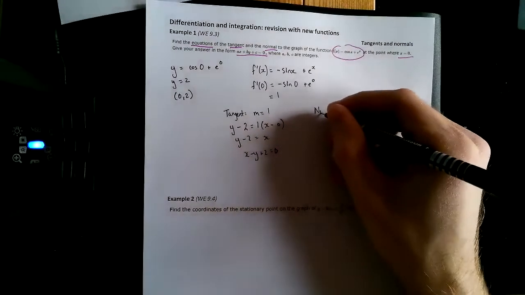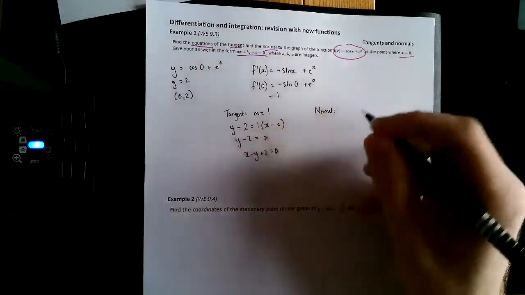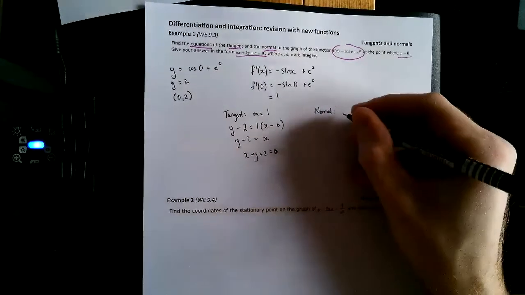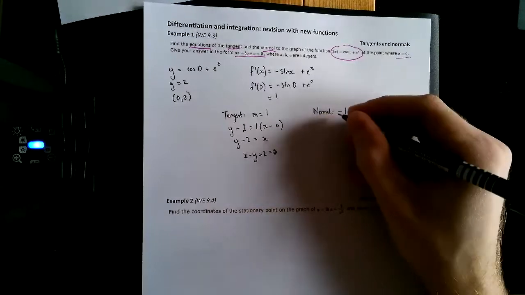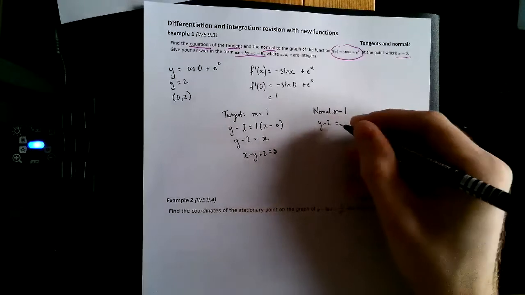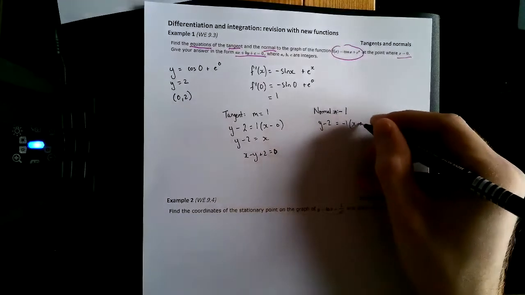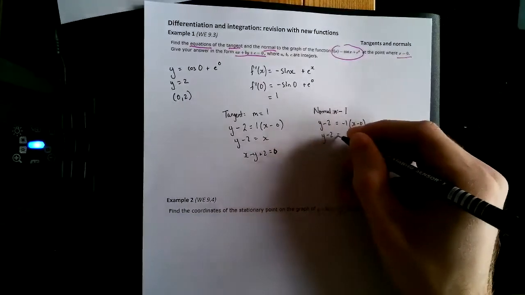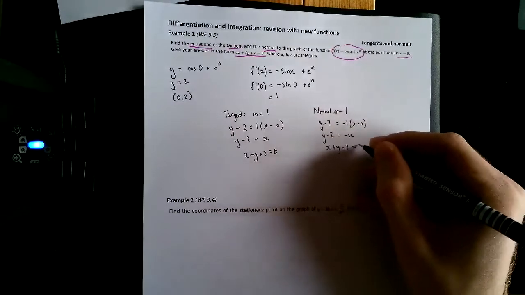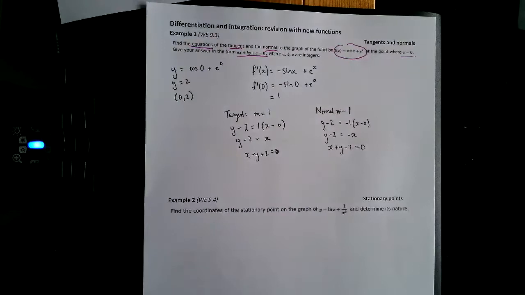And for the normal, I have to do the negative reciprocal. So minus 1 over 1, so minus 1, that's m. So y minus y1 is m times x minus x1. So y minus 2 is minus x. So x plus y minus 2 equals 0. So there's my two equations.